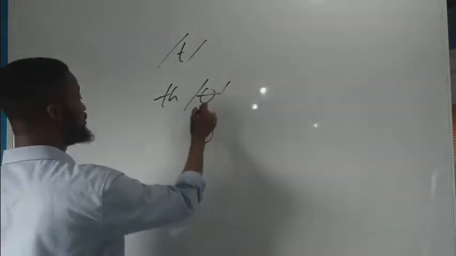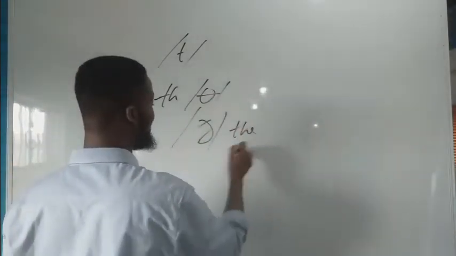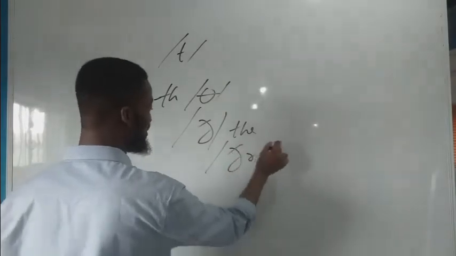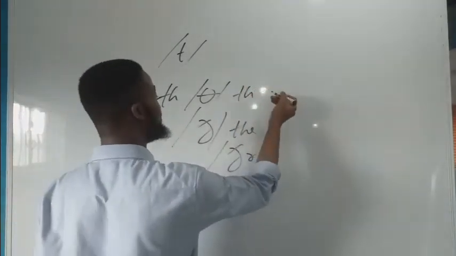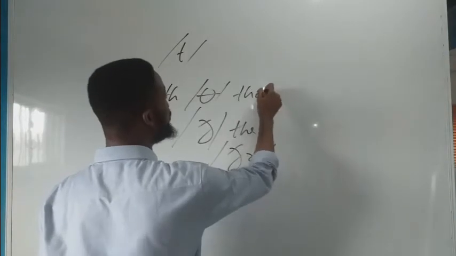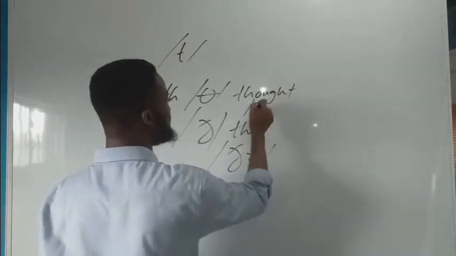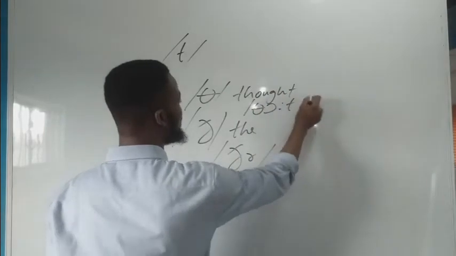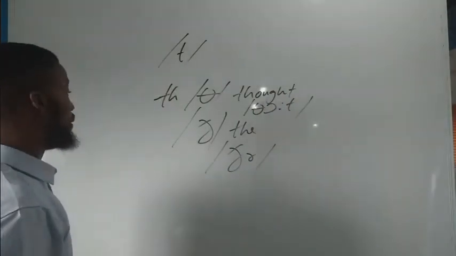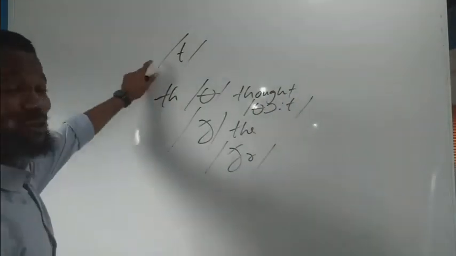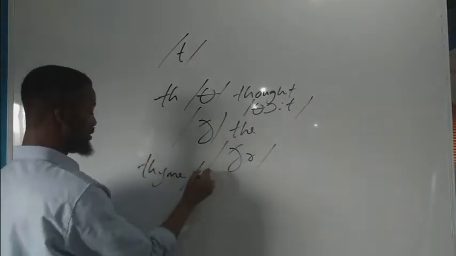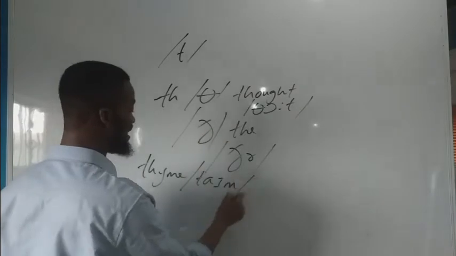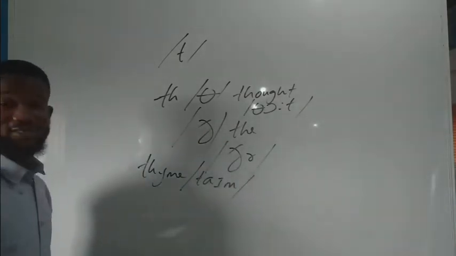For example, THE is pronounced as the, while THOUGHT is pronounced as thought. But at times TH can give us just ordinary T. In a word like THYME, the word is pronounced as time.